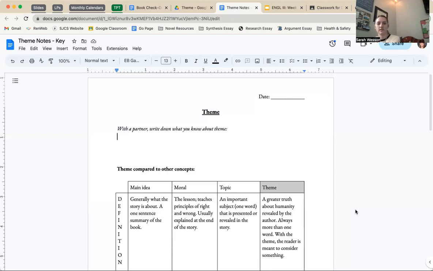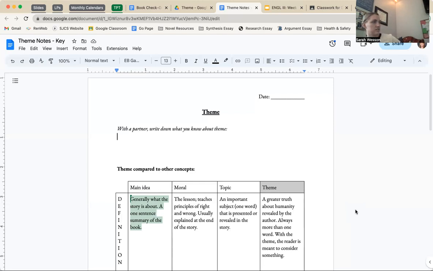The main idea can be defined as generally what the story is about. It's a one-sentence summary of the book. So I'm going to go ahead and write that in my chart. So it's generally what the story is about.